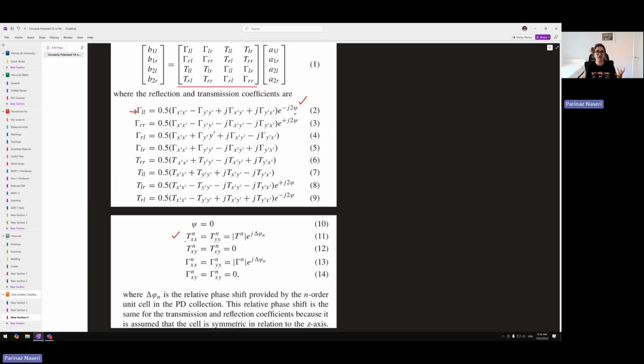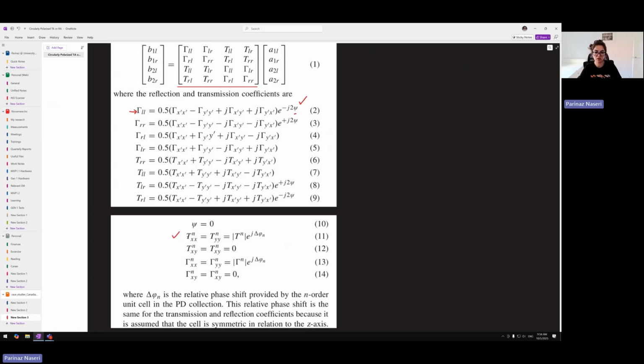So when you're designing a circularly polarized TA or RA, you don't actually have to design a complicated unit cell. You can just go ahead and design square patches, stacks of square patches, in your unit cell, and still get a CP array out of it. How are we doing that?